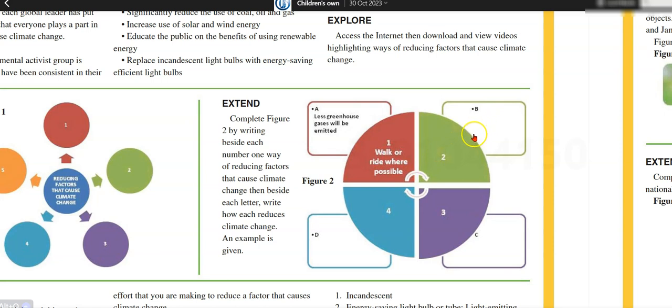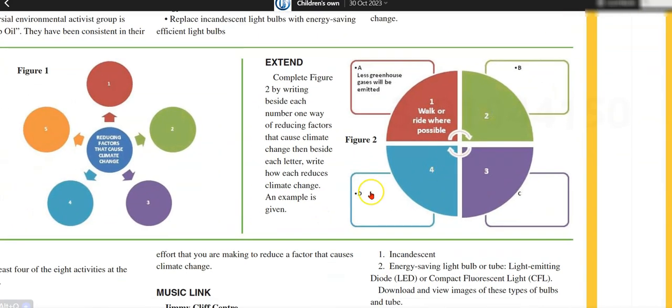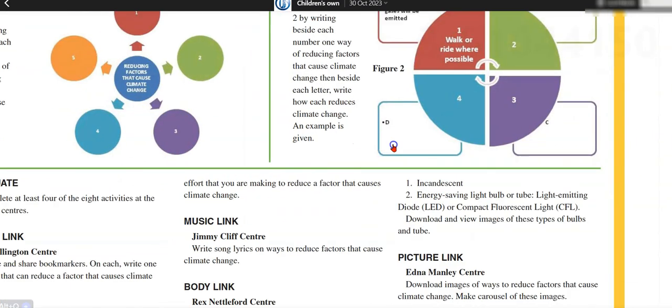Cool. So that solar is one, and hydroelectric power plants, they will produce less in terms of emissions, which would then go on to cause these factors that lead to climate change. All right. So we have a good idea there, so you can fill in these others.